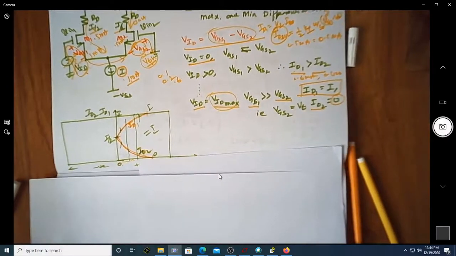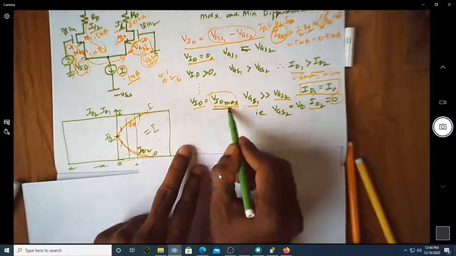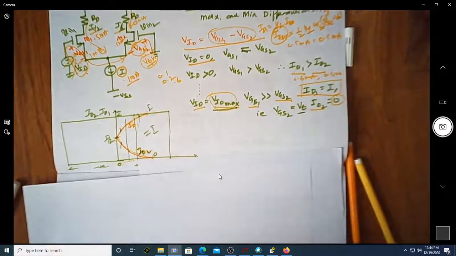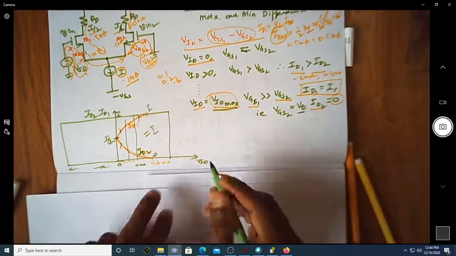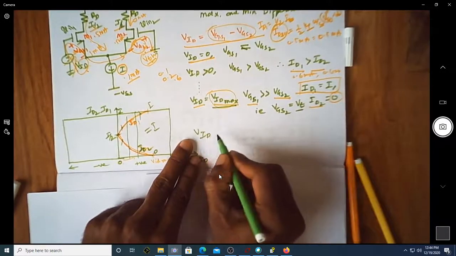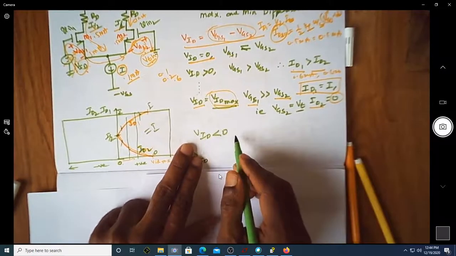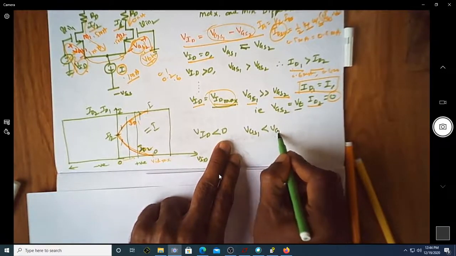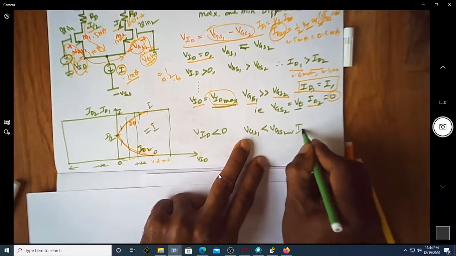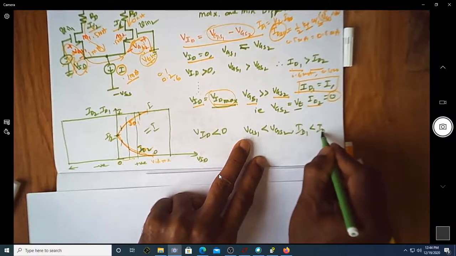Now the question is, what is that value which will make this equal to VTH? We are supposed to find that out. And of course the same thing will happen for negative VID. If you make it less than 0, then VGS1 will be less than VGS2, meaning ID1 will be less than ID2.